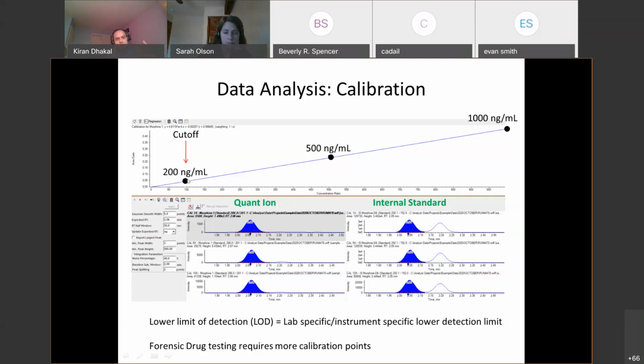Basically, a calibration has a cutoff at a certain level and an upper limit of quantitation. And the lower limit of detection that you can see at the lower end of the calibration curve is lab specific, instrument specific. If your regulatory agency requires this level of cutoff, then the lab has to develop that. This is our LOD. They have to optimize their assay, which is not uniform across labs.